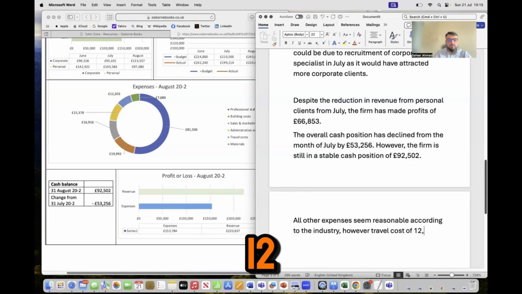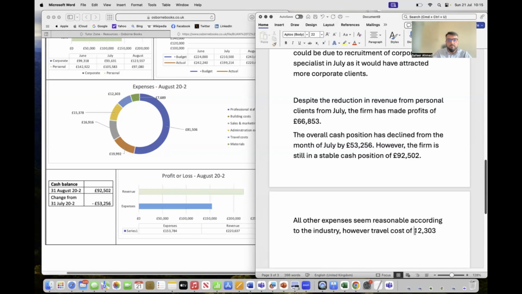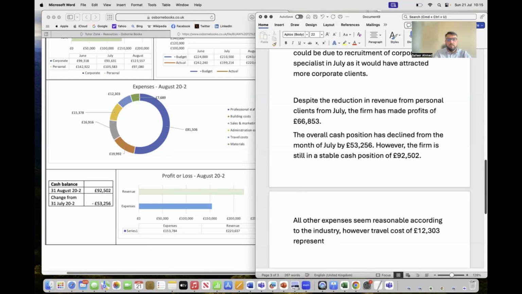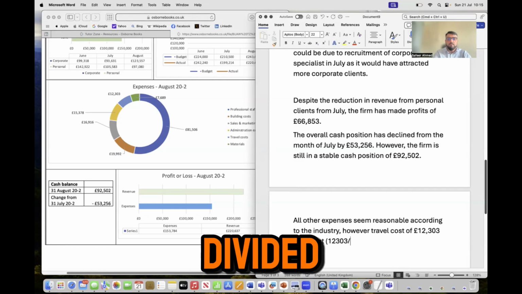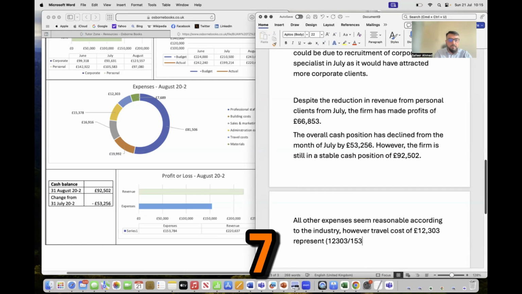of 12,303 represent, now you can calculate the percentage here, 12,303 divided by total expenses, which is given to you, 153,784, and then times by 100.